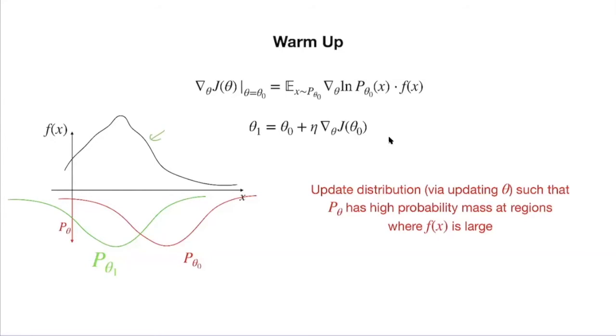It could even be a non-differentiable function, because remember, our expression does not take the derivative with respect to f at all. This is just a fixed function. So it could be non-convex, non-smooth, even discontinuous. We will use the same idea for reinforcement learning.